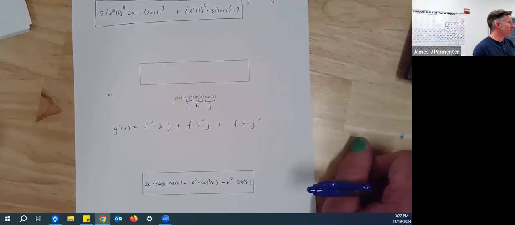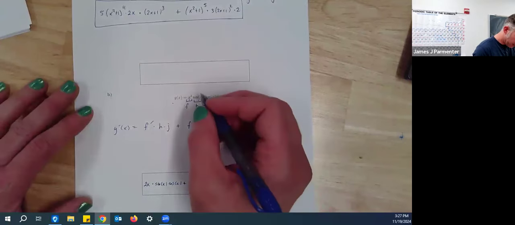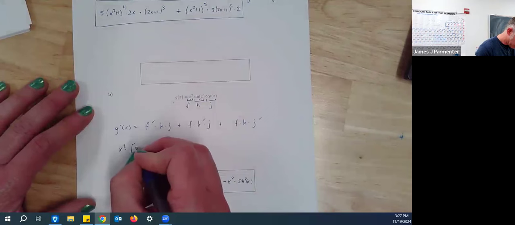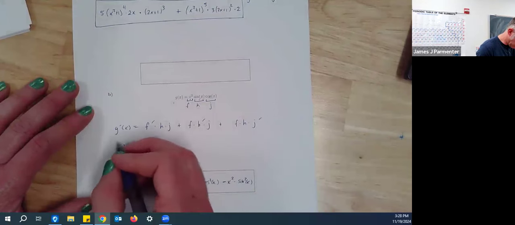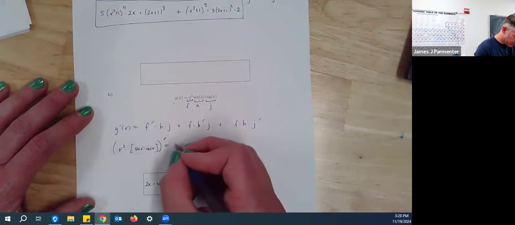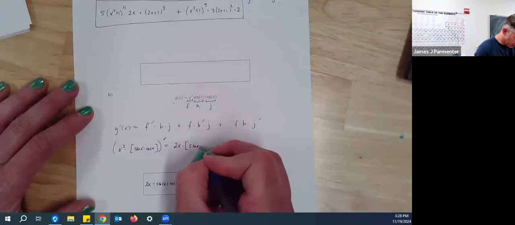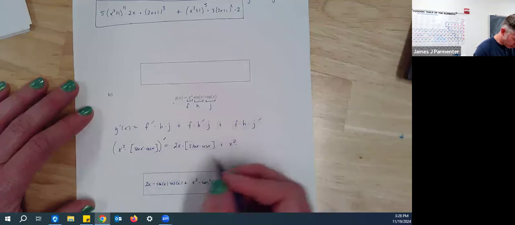If you wanted to show more work, because I feel like I haven't shown enough work here, you could think of it as x squared times sine x and cosine x. Taking the derivative, it's going to be the derivative of x squared times, leaving the other piece alone, sine x times cosine x, plus x squared times the derivative of that piece.